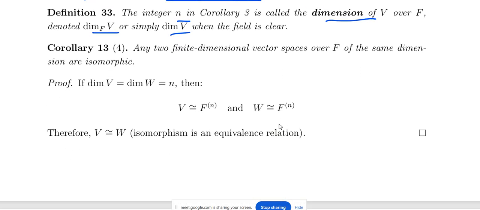So any two finite dimensional vector spaces over F of the same dimension are isomorphic. Earlier, F^n and F^m isomorphic gave m equals n. So finite dimensional vector spaces over F of the same dimension must be isomorphic.